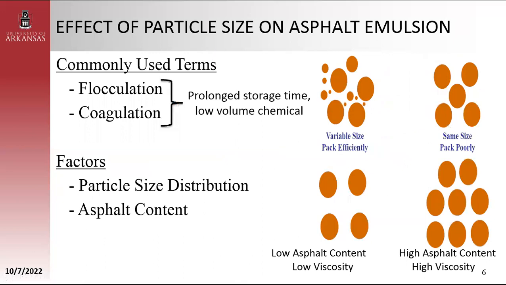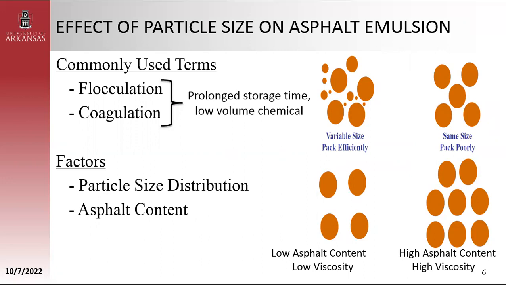There are some factors that affect asphalt emulsion. One is particle size distribution, and another one is asphalt content. If the variation of particle size is higher, there will be low viscosity, and if the viscosity is lower, there will be more settlement and more breaking of the asphalt emulsion. That basically means a rapid set emulsion.